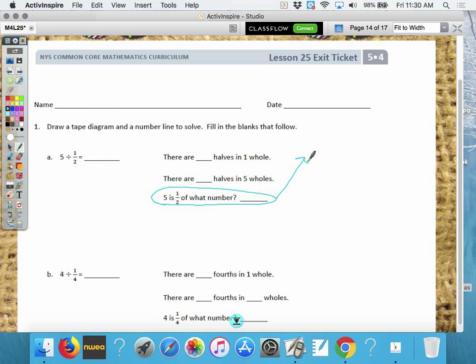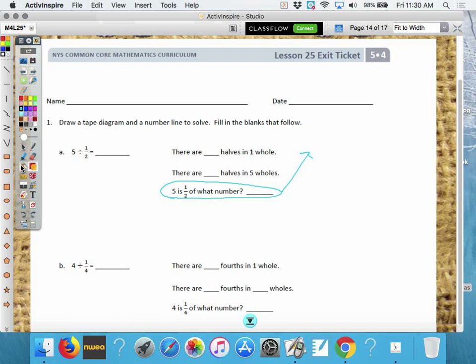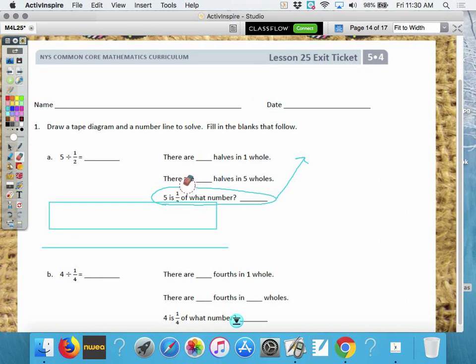Okay? So if you have to look back at the beginning of your problem set, keep in mind this sentence is in the wrong place on the exit ticket. Okay? But you're going to do the same exact thing. You're going to do a tape diagram and a number line, and you're going to do it twice. Make sense?